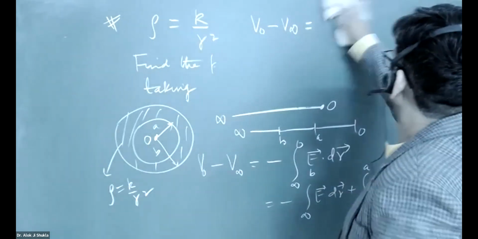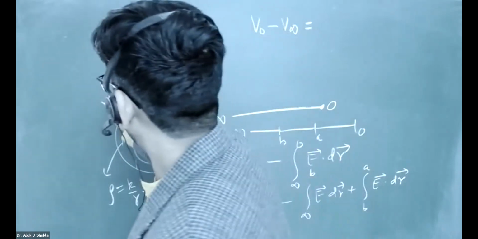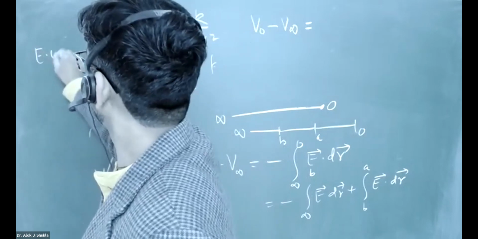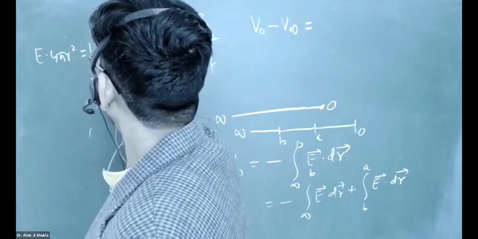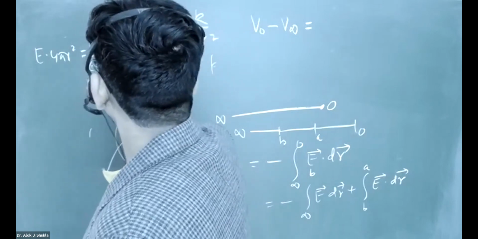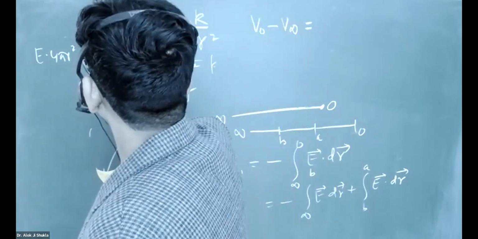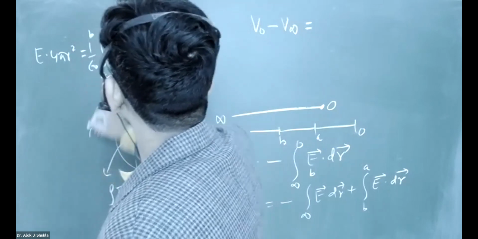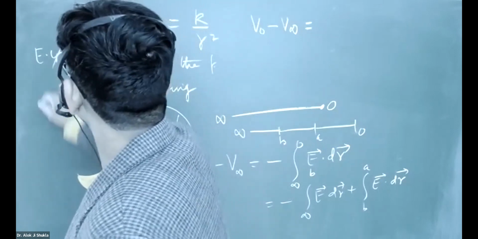ऐसे नहीं होगा? No. Let me calculate. If I want field profile here, I will draw a Gaussian surface and we will get field as E into 4 pi r square is equal to 1 by epsilon naught integral a to b k by r square into 4 pi r square dr. So r square cancel, 4 pi cancel.